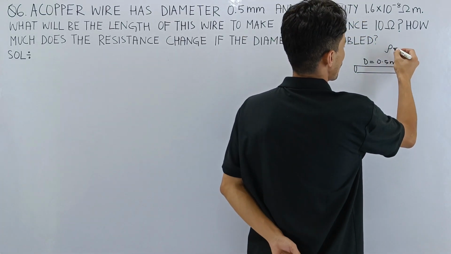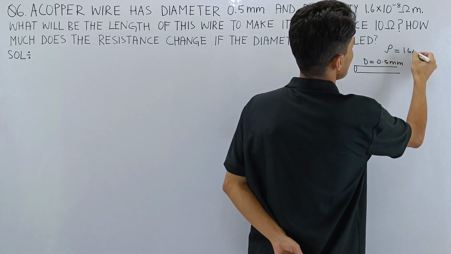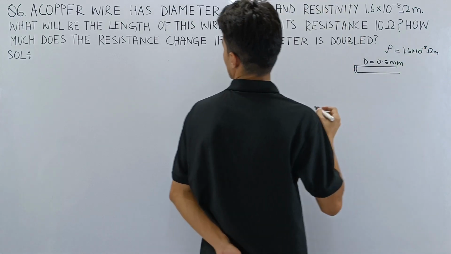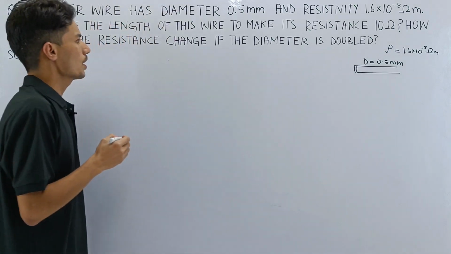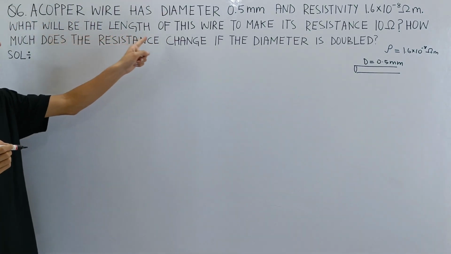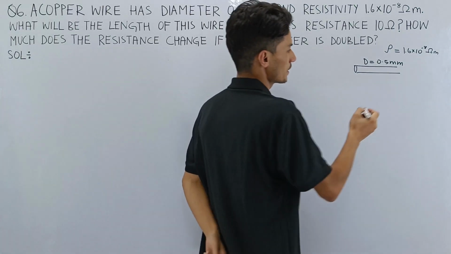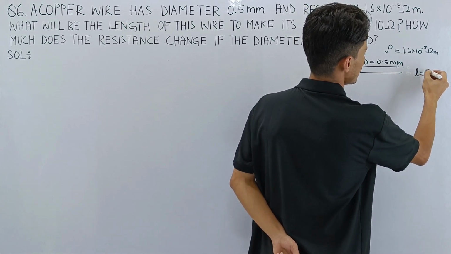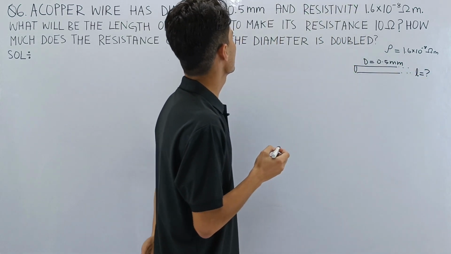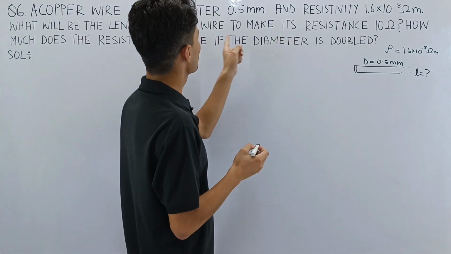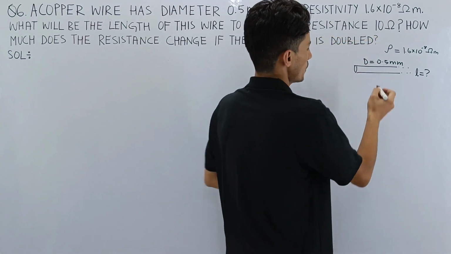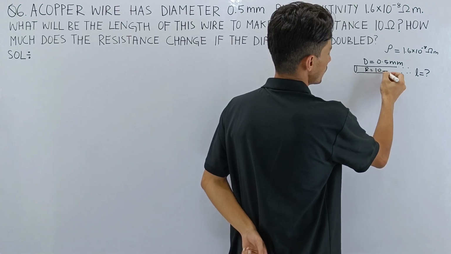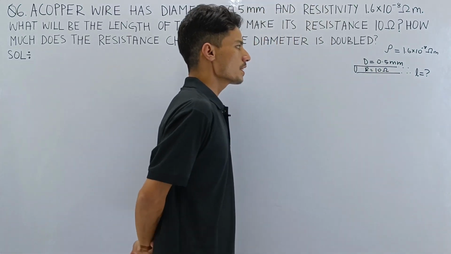Resistivity is rho, 1.6 into 10 to the power minus 8 ohm meter. The question is asking us what will be the length of this wire. We don't know how long it is, so they want us to find the length to make its resistance 10 ohm. So the resistance of this wire is given to us. Resistance is 10 ohm. So these things we know.